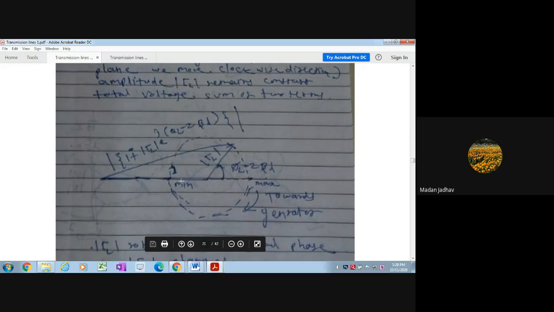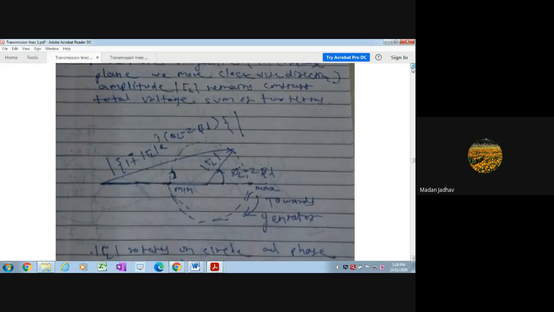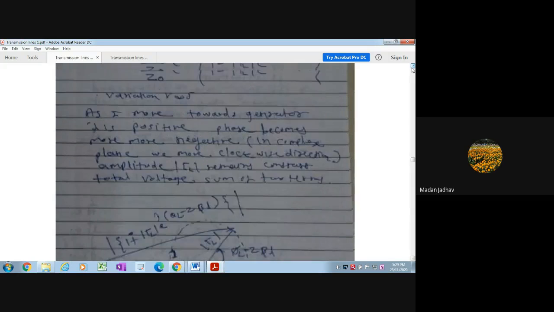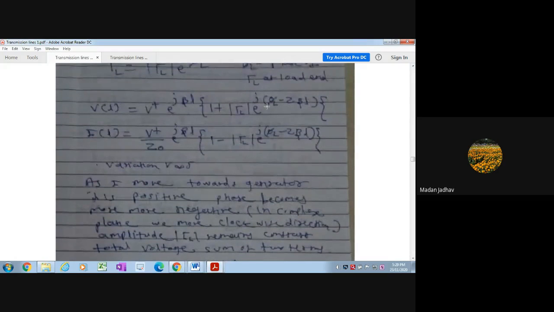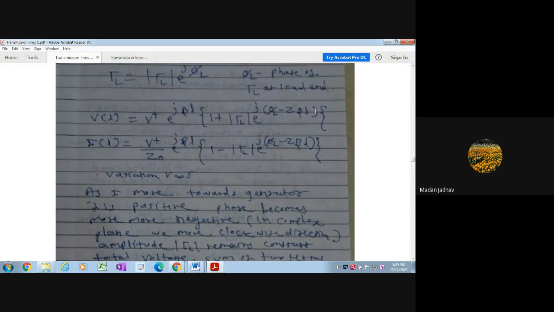If you observe the equations for the voltage and the current, there are two terms. The first term has magnitude 1, the second term has the magnitude of the reflection coefficient. But for the second term, the phase is changing. The phase is nothing but phi L minus 2 times beta L, where phi L is the phase at the load.